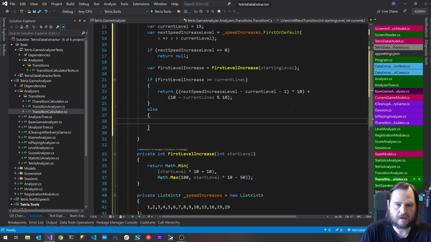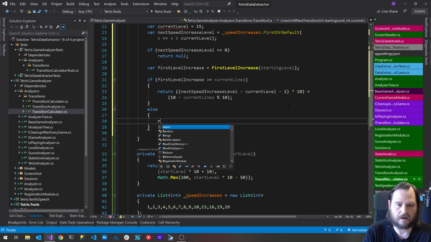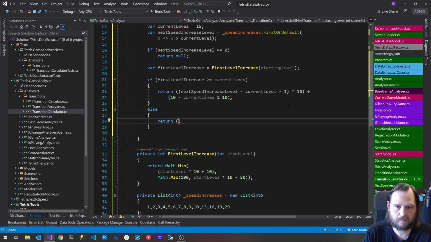Otherwise, you haven't hit your level increase. So what we're going to say is return, and really it's going to be the same thing, except we are first going to say first level increase minus current lines plus.